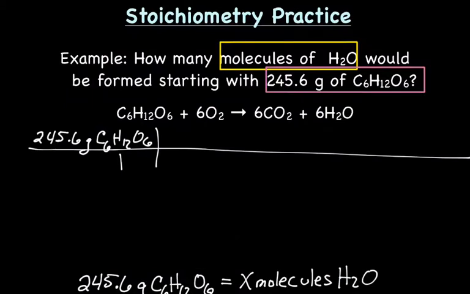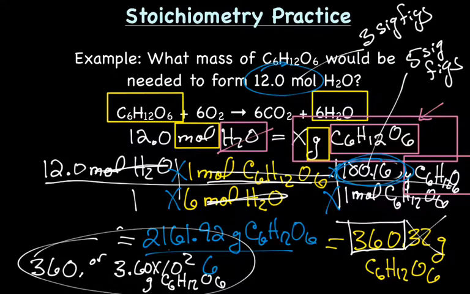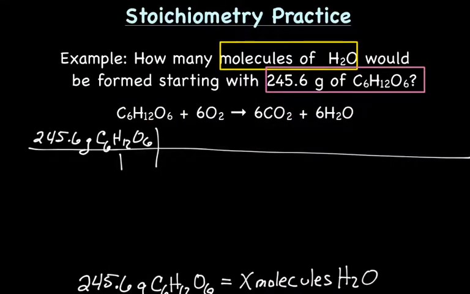All right, so first is 1 mole of our known, C6H12O6, equals the molar mass of our known. And I'll cheat a little bit. We figured that out on this particular problem here. The molar mass was 180.16. Because we have grams here, we need to have grams of C6H12O6 down at the bottom.